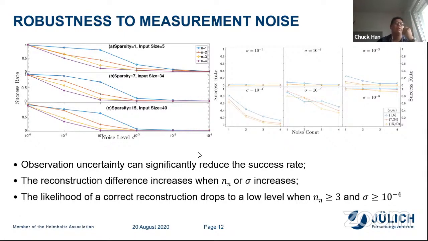When the uncertainty is big enough, it will reduce the possibility of reconstruction. And we know that if the number of noise points is bigger than 3, or the sigma is bigger than 10 to the power of -4, the reconstruction becomes extremely unlikely to happen.